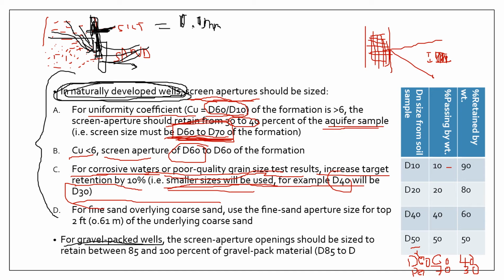When you're dealing with artificial gravel packs, you have a much simpler criteria, and all you have to do is to get a screen aperture opening that is able to retain between 85 to 100% of your gravel pack material.